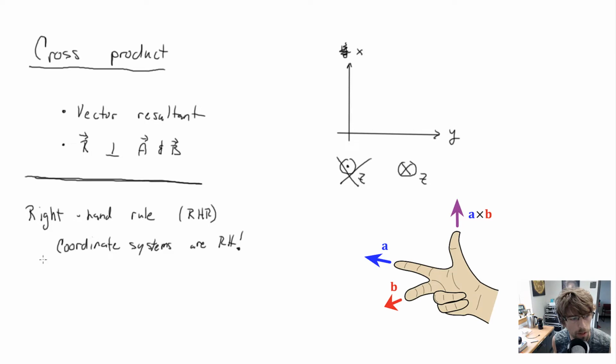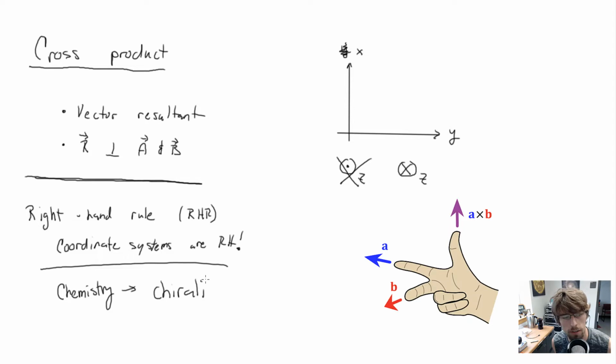This actually makes a difference if you've gotten into chemistry at all. There's something called chirality, which deals with the handedness of molecules. There are actually some diseases that depend on this: if it's a right-handed protein you're okay, but if it's a left-handed protein, you end up being sick.